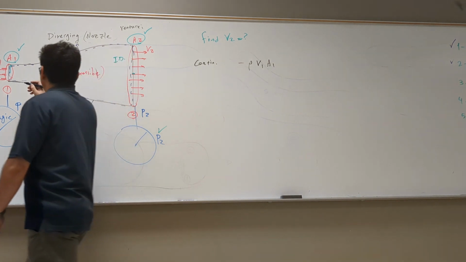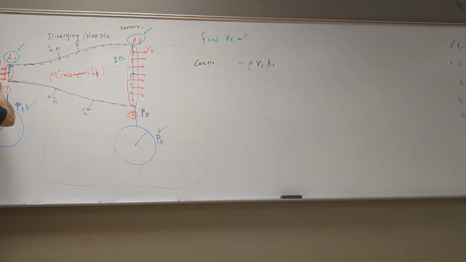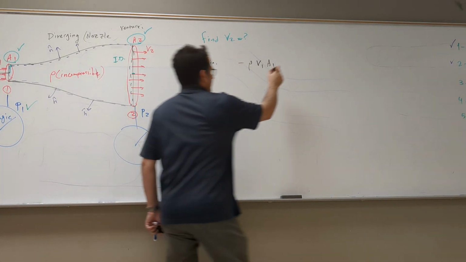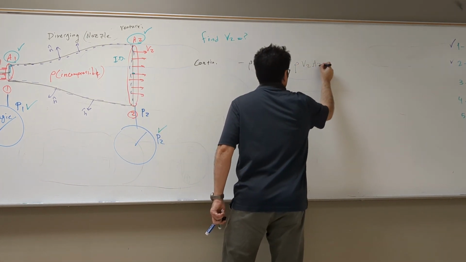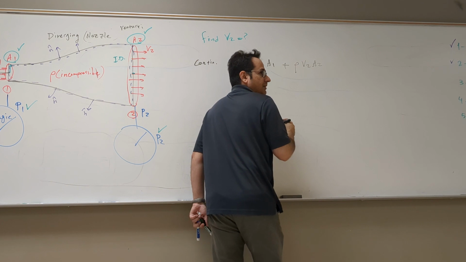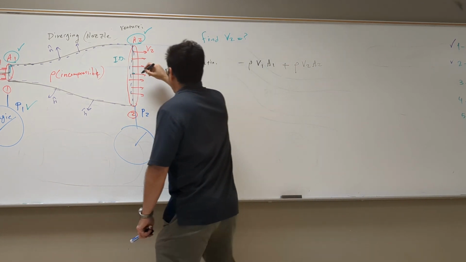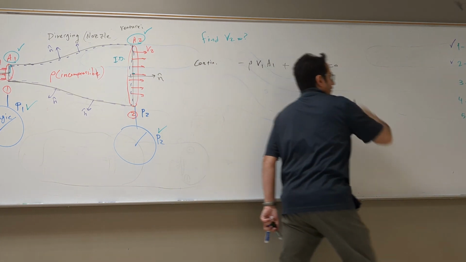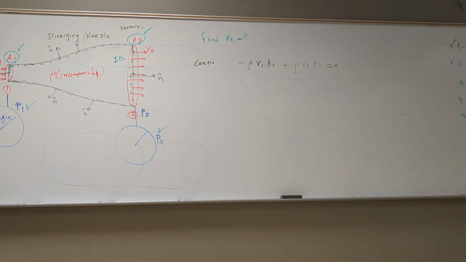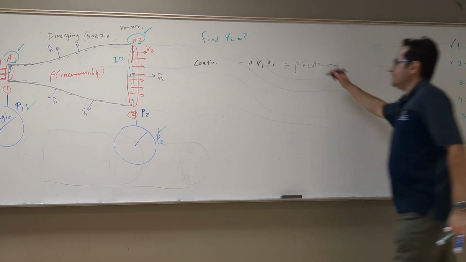Negative, because n is this way, v is the other way. And then plus rho v2 a2, positive or negative? Positive, because n is this way, and v is this way, is equal to 0. I just expanded the integral form of the continuity equation. You could use differential, but this is more handy in this case. Expand over all the surfaces. So this is my continuity equation.